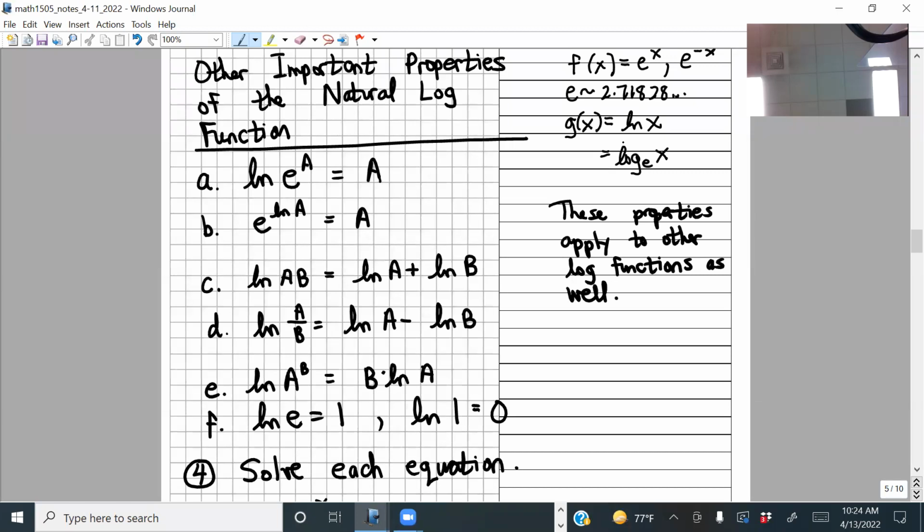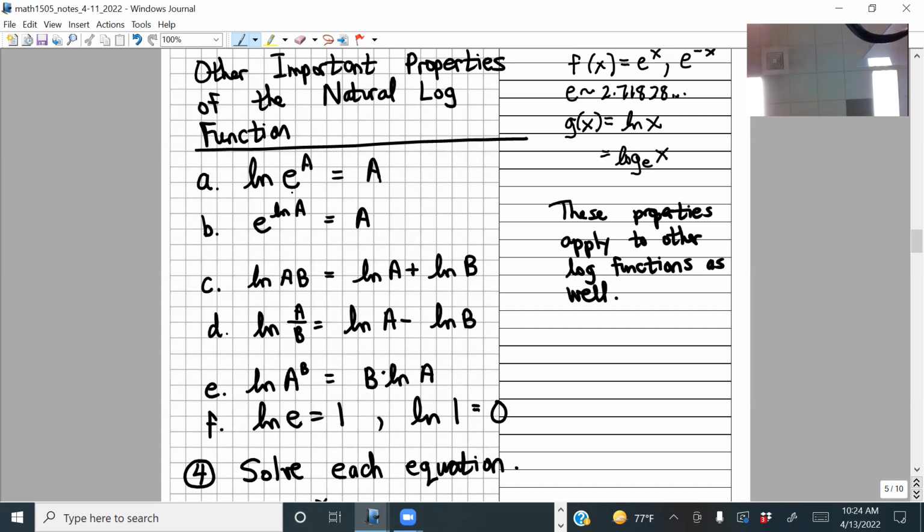Really, the natural log function is created as the inverse of the natural exponential function. The natural exponential does have a formula, e to the x power, but the natural log function does not have a nice formula. But it does obey these nice properties.